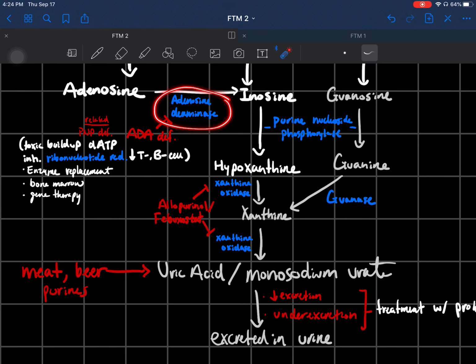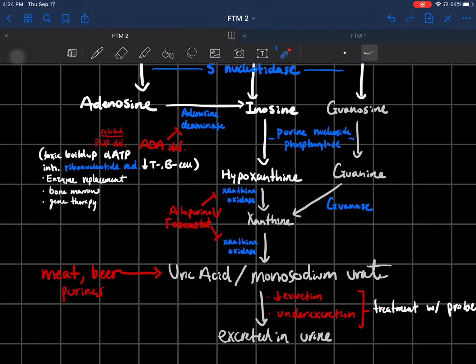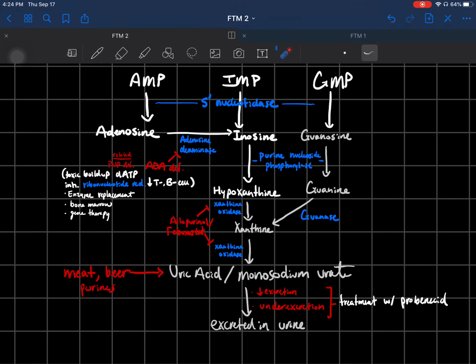And then if we have an adenosine deaminase deficiency, that is going to lead to a toxic buildup of what you imagine is ATP, right? Deoxy ATP, because you can't break it down.